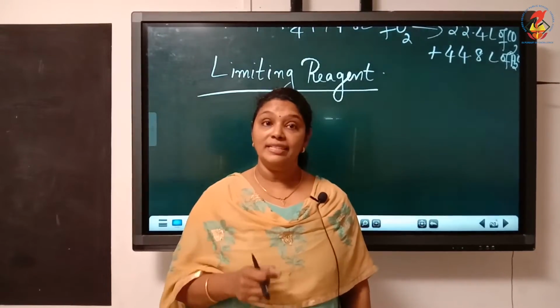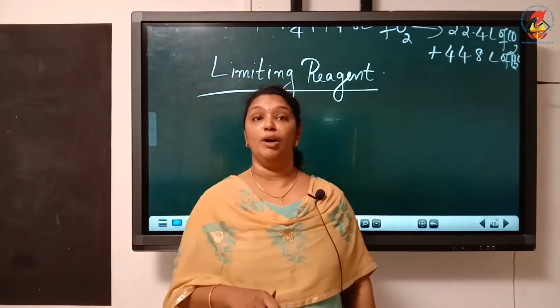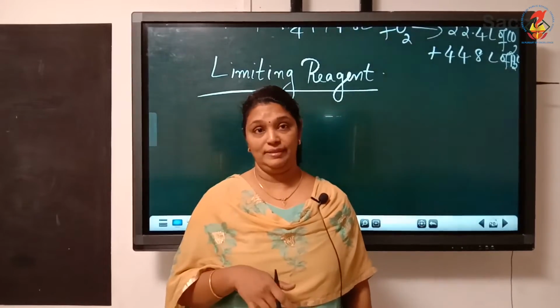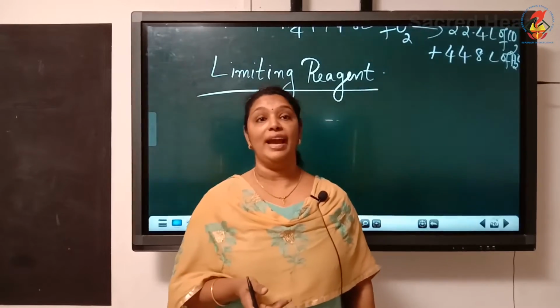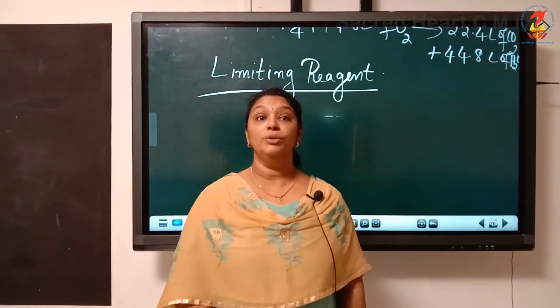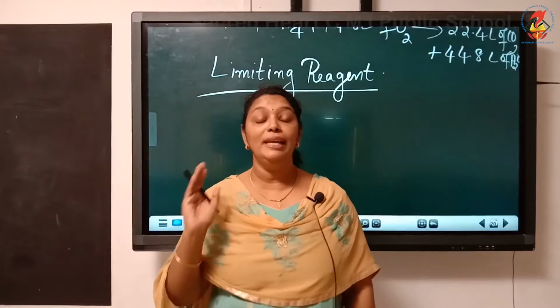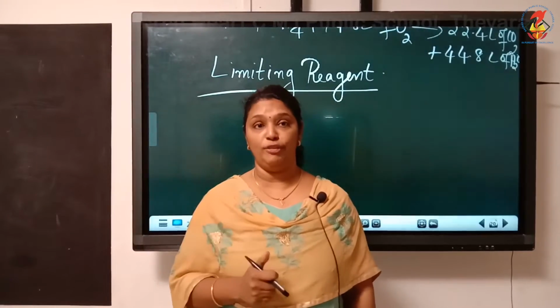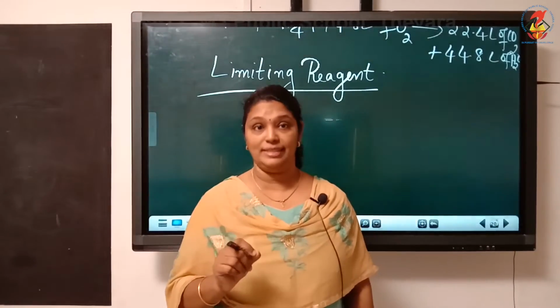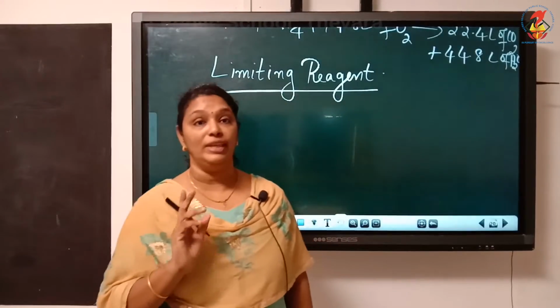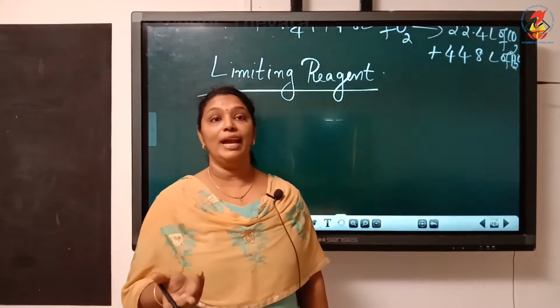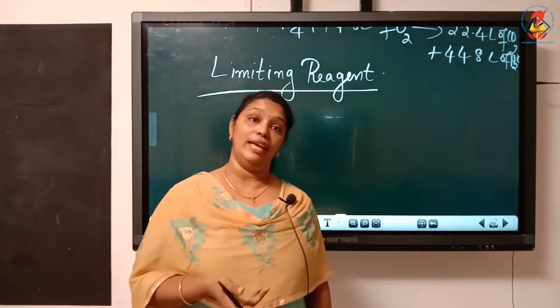The reactant which is present in lesser amount will be consumed first, and after that, no further reaction takes place. So the reactant which is consumed first will limit the amount of product formed, and we call this reactant the limiting reagent. And the other reactant is known as the excess reactant.